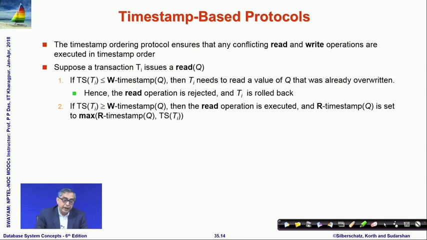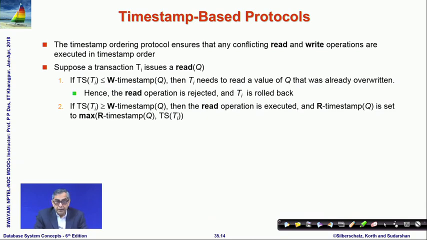If, in contrast, the timestamp of the transaction is greater than the latest write time W-timestamp(Q), then the read operation is executed, and since we are doing a read operation, R-timestamp(Q) is set to the maximum of the current read timestamp and the timestamp of the transaction.